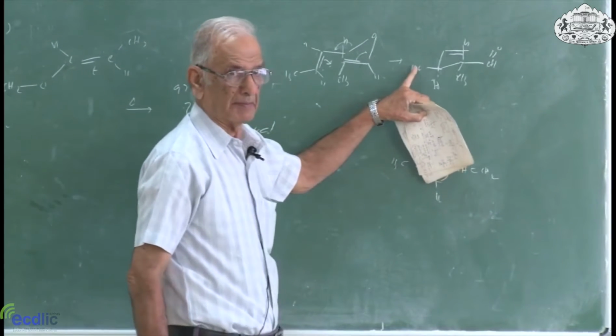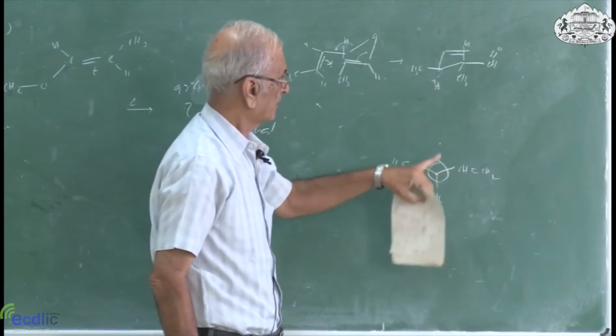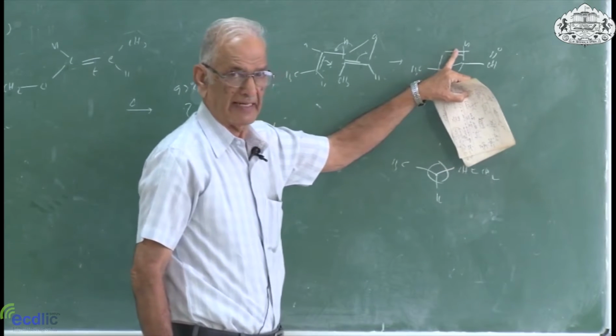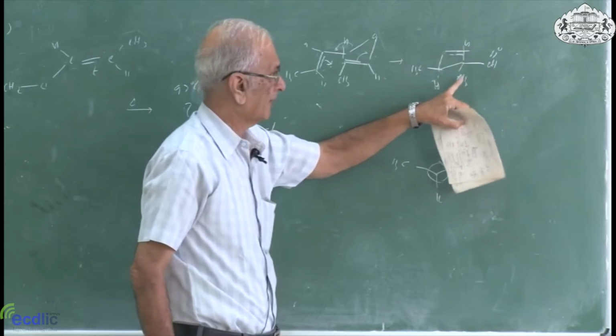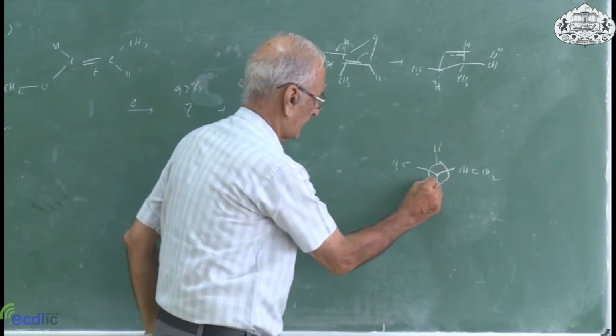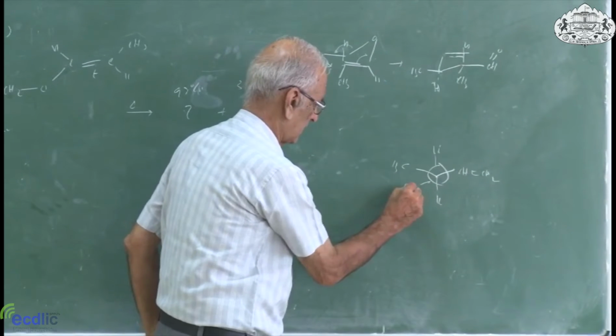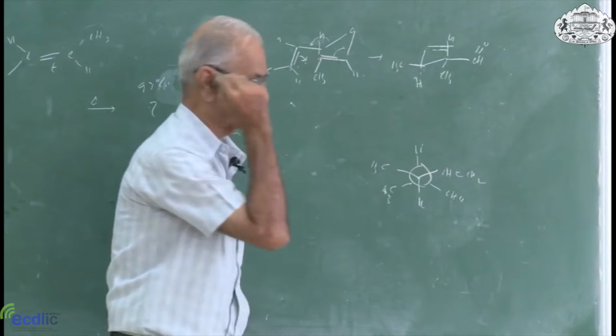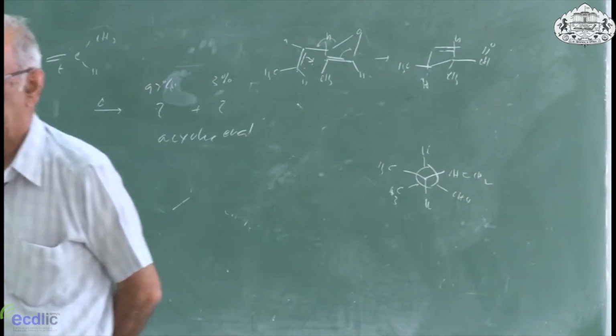Hydrogen here, methyl group here, vinyl group on the right hand side. Okay, now we are looking at this position. Hydrogen at the top, methyl group here, aldehyde here.